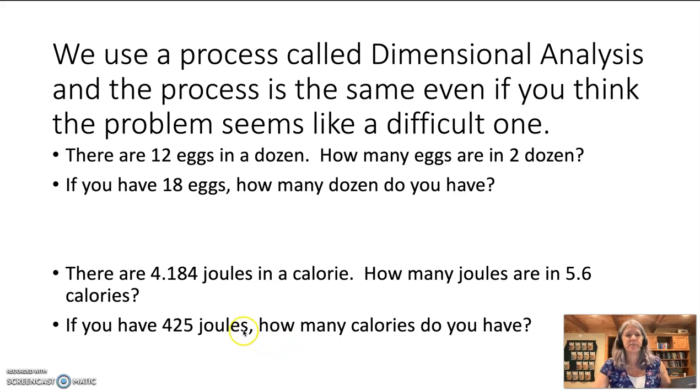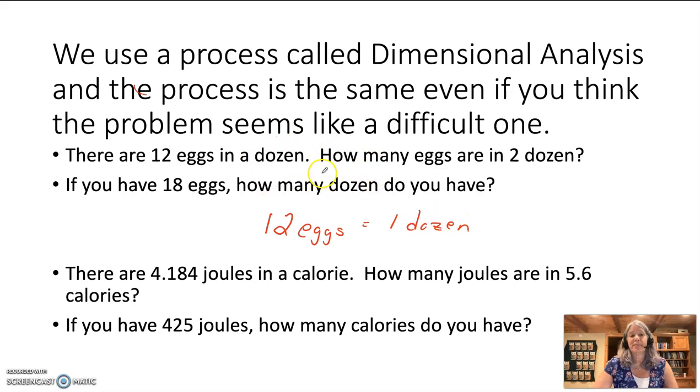Okay, all of these problems involve using what's called a conversion factor, and a conversion factor is where you have equivalent amounts of things, like you might have 12 eggs equals 1 dozen. Right, that's a conversion factor that you would use to solve this problem.